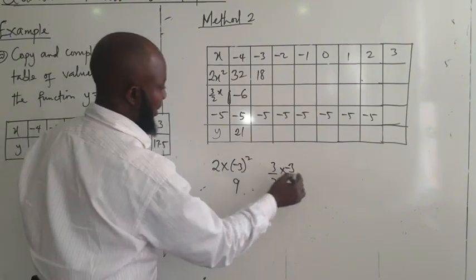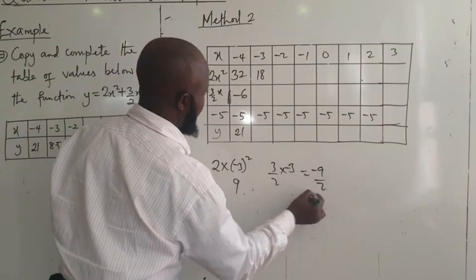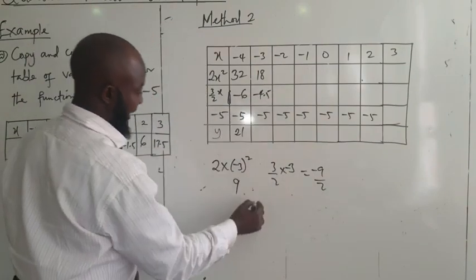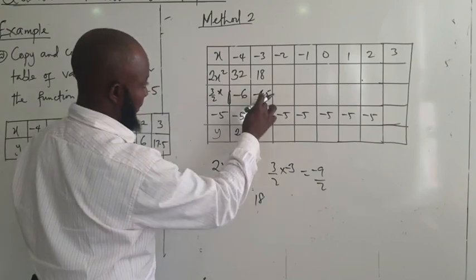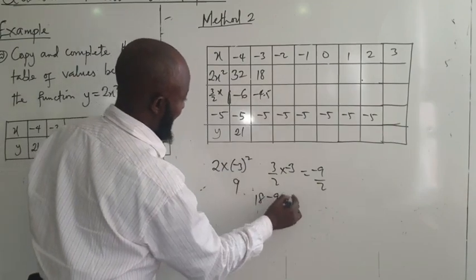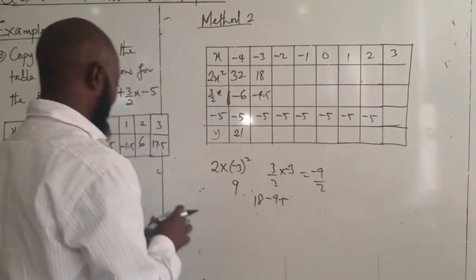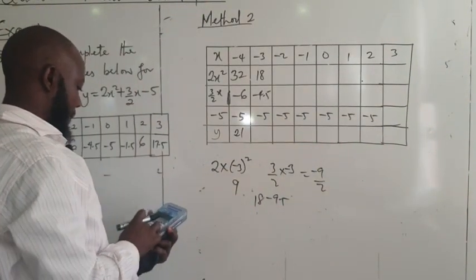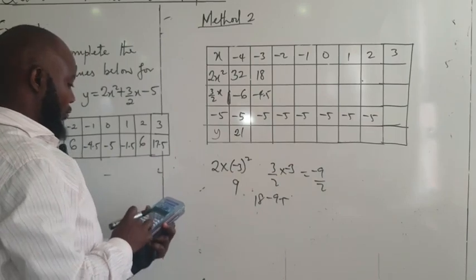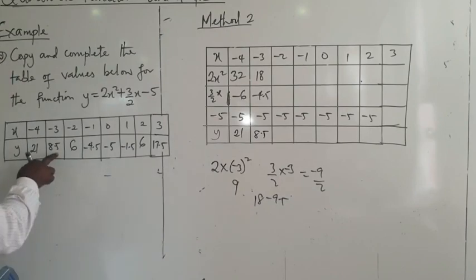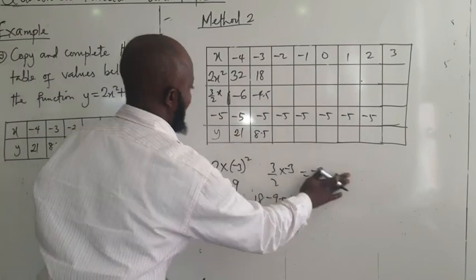This will give us minus 9 over 2, that is minus 4.5. So let's now add this. 18 minus 4.5 minus 5 gives minus 9.5 from the last two terms, so 18 minus 9.5 will give us 8.5. 8.5 for that.